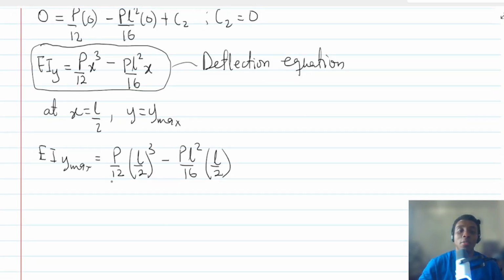From here, EI y max is PL cube over 12 multiplied by 2 cubed, and that is 96, minus PL cube over 16 multiplied by 2, which is 32. Is that not it? All right.